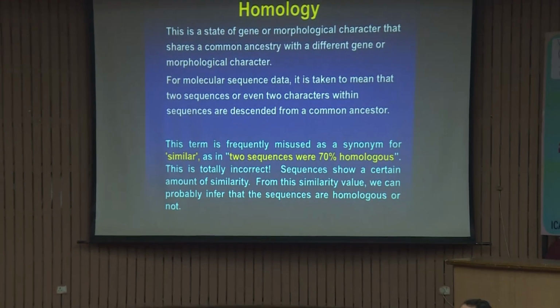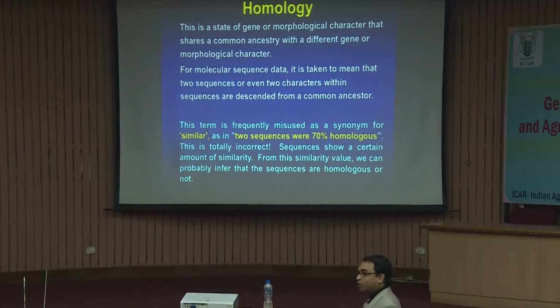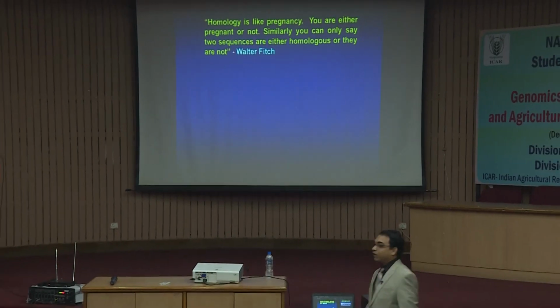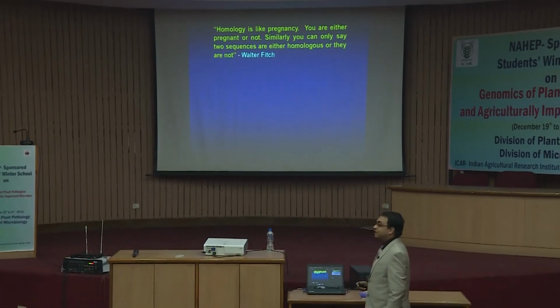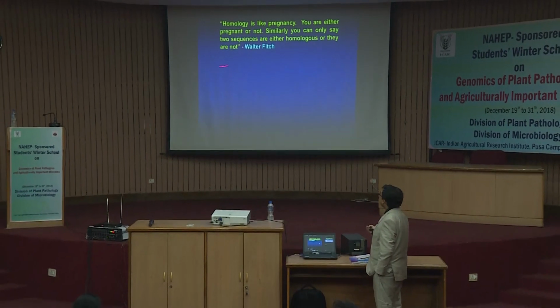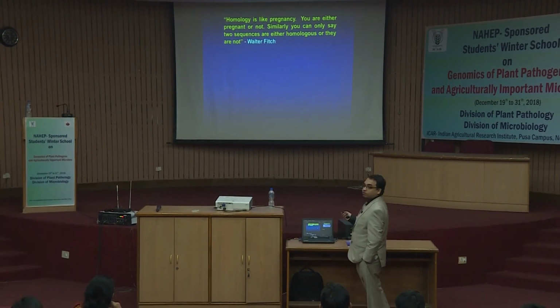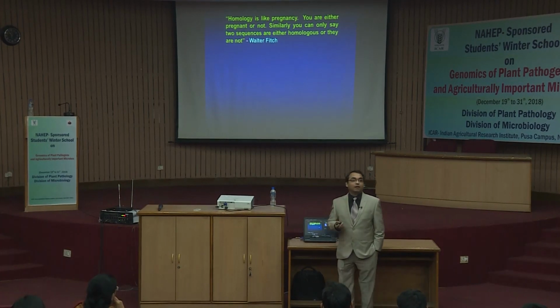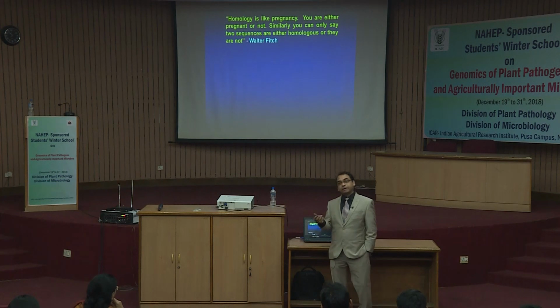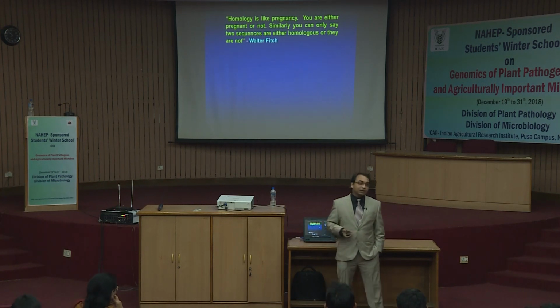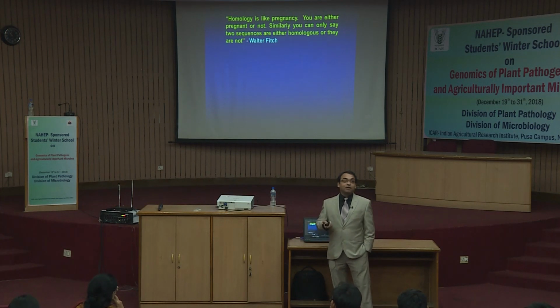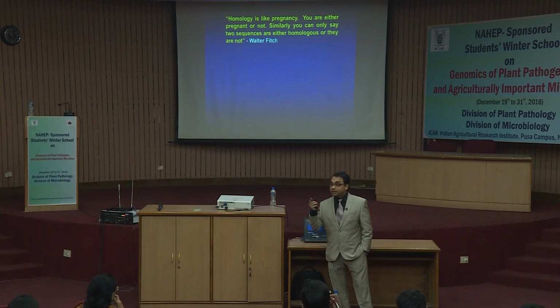How different? There is a very good quote by Walter Fitch. He said, homology is like pregnancy. You are either pregnant or not. Can you tell a woman is 25% pregnant or 70% pregnant? Either she is pregnant or not pregnant. Similarly, homology is a similar thing. It is a state, a qualitative character.